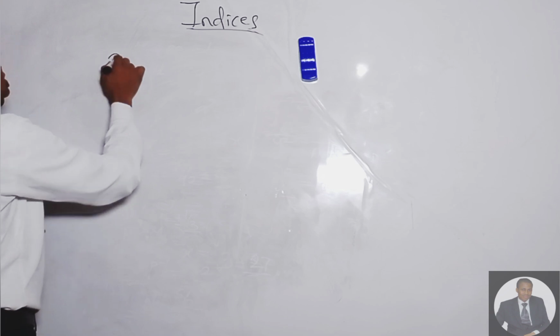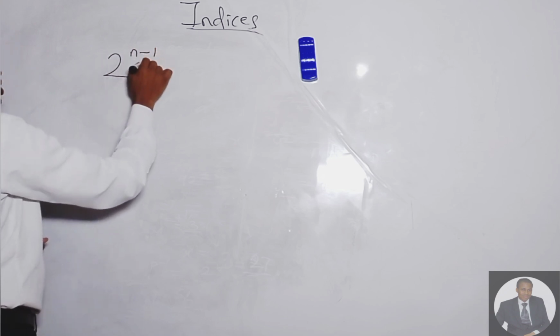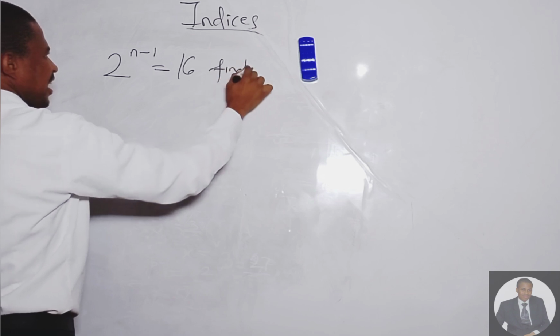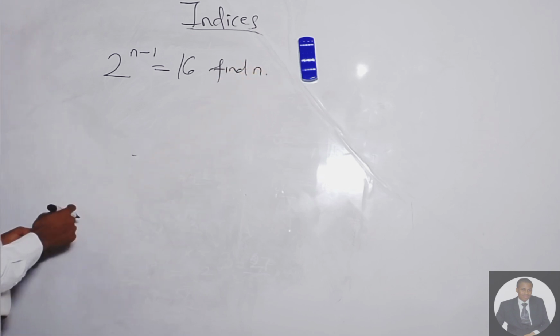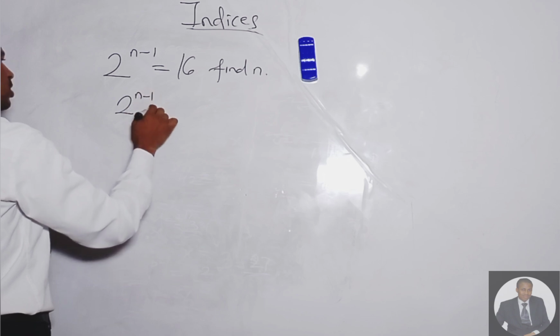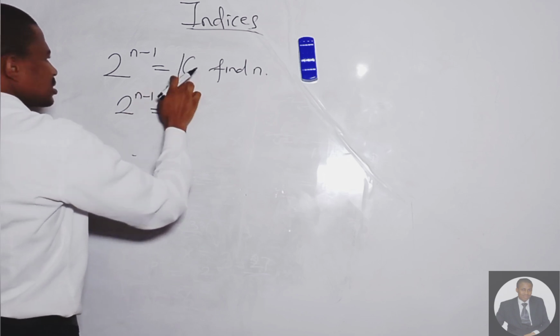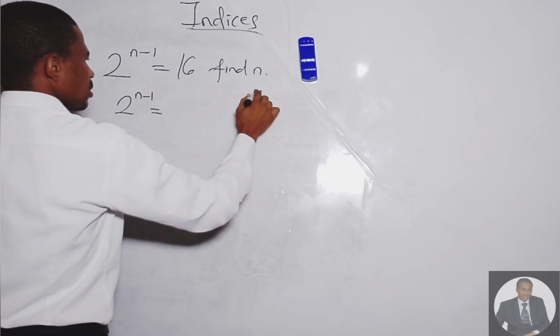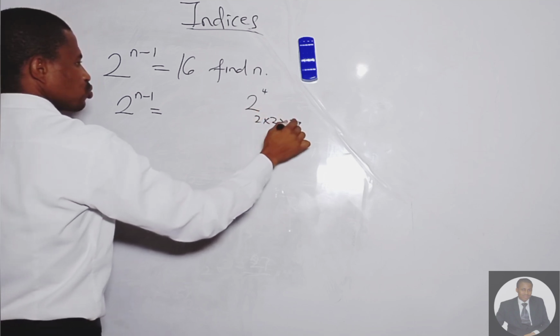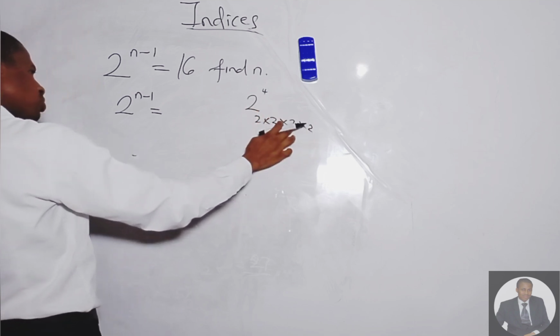Another question, 2 raised to the power n minus 1 equals 16. Find n. 16 is 2 raised to the power 4: 2 times 2 times 2 times 2. 2 times 2 is 4, 4 times 2 is 8, 8 times 2 is 16.